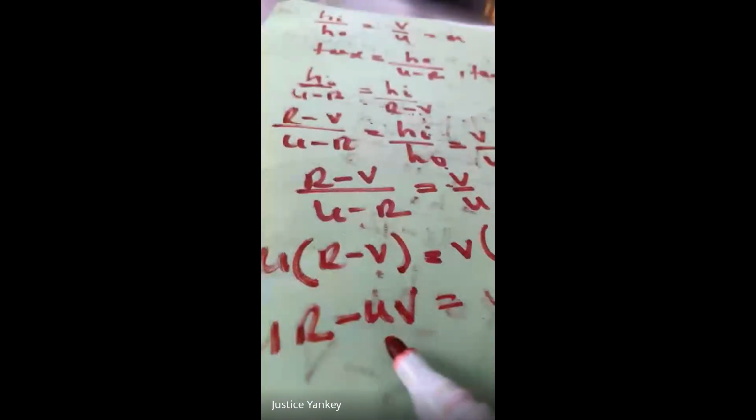So on the left-hand side is UR minus UV, on the right-hand side is UV minus VR. I'm going to group like terms. I'll bring this UV to this side and bring this one to the other side.